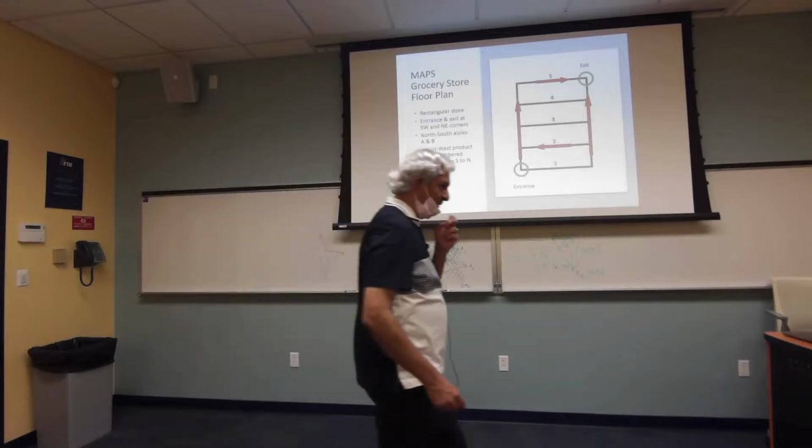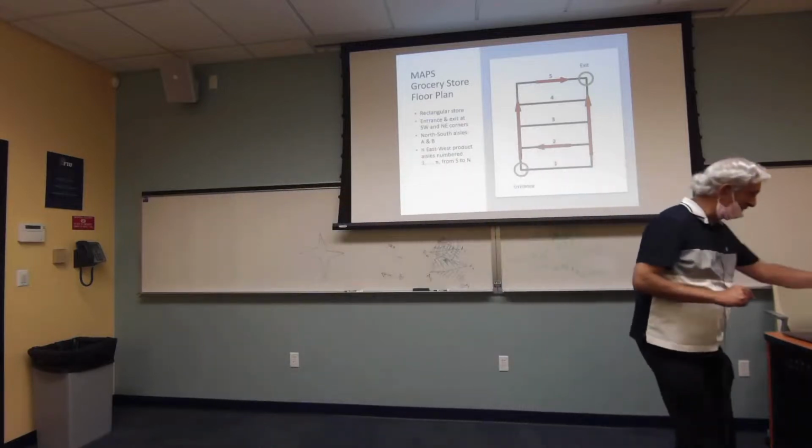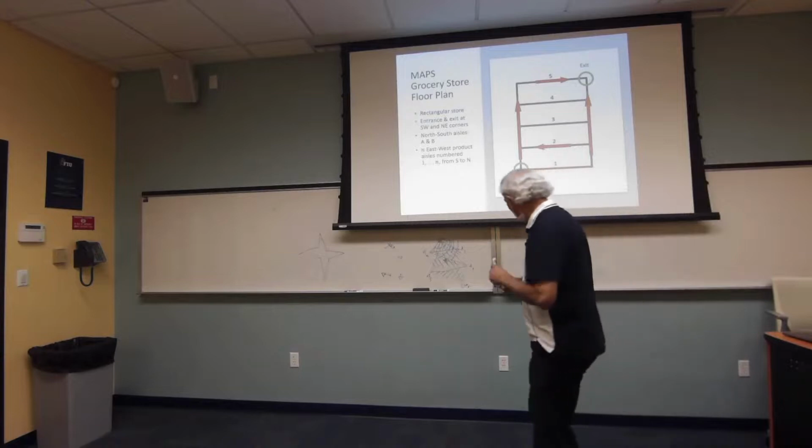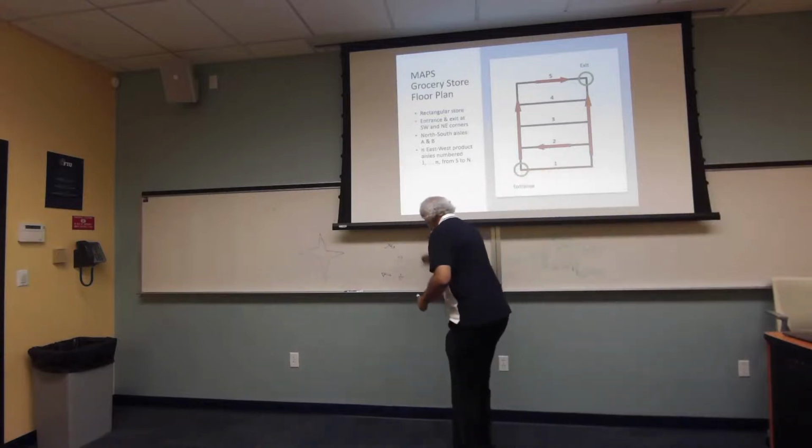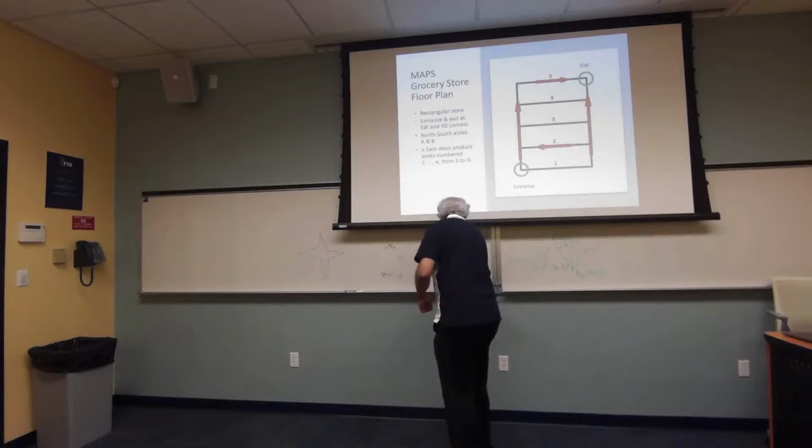Let me just draw this picture before I take your comment. So this is what it looks like. I have this one going up, that one going down, and then 2 goes right to left, and 5 goes left to right.